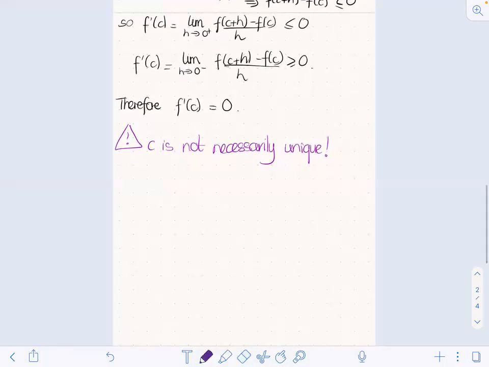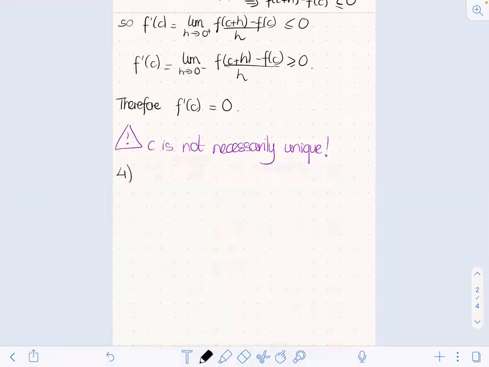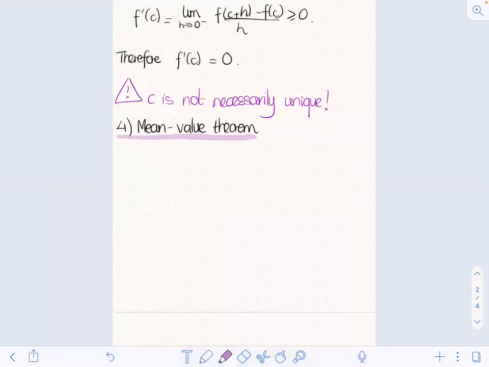With Rolle's theorem in mind, we can turn to another theorem related to differentiability, I think the last one. It's called the mean value theorem. It's the last result, and it's another one that's quite visual. If we first do a graph, it's a graph that's in your notes, I think.